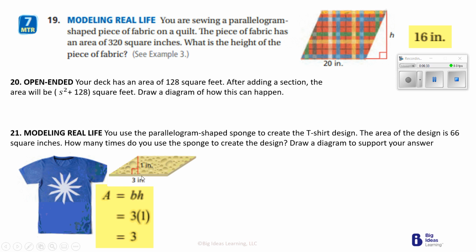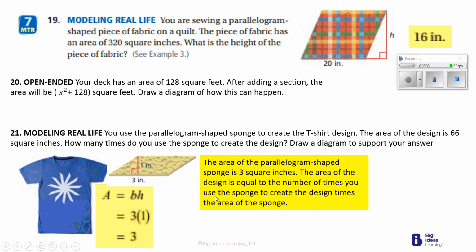If we do that, the area of the parallelogram shaped sponge is 3 square inches, right? The area of the design is equal to the number of times you use the sponge to create the design times the area of the sponge. So since the area of the sponge is 3, because 3 times 1 is 3, now we got 66 inches.